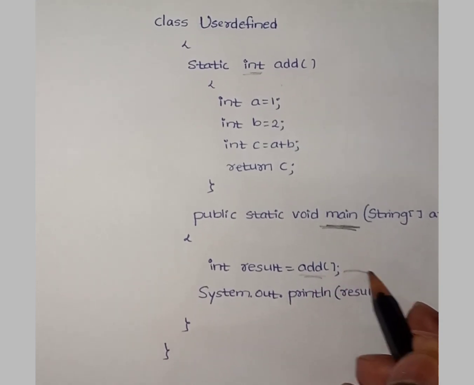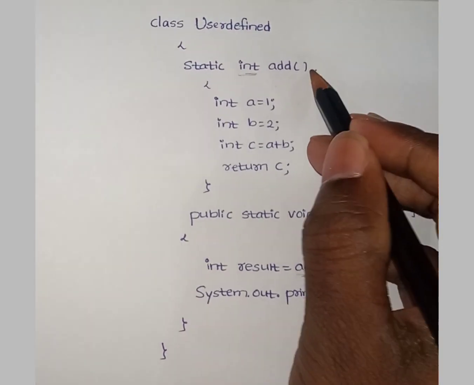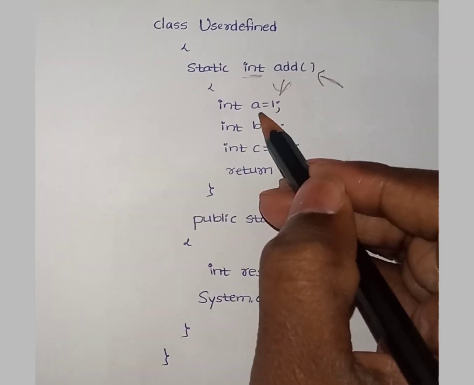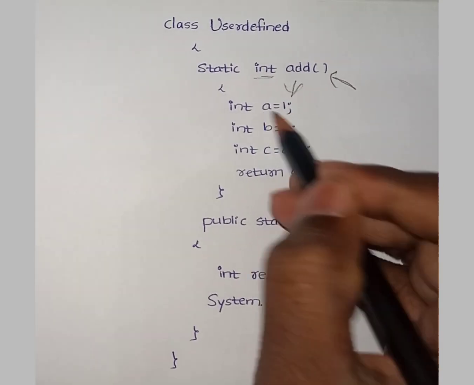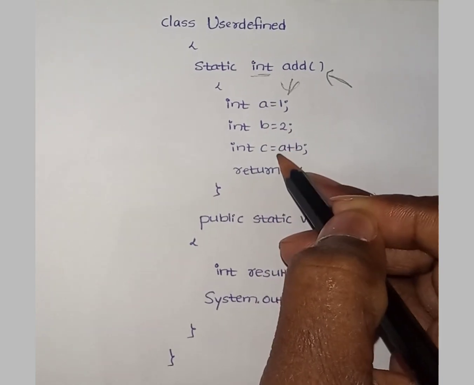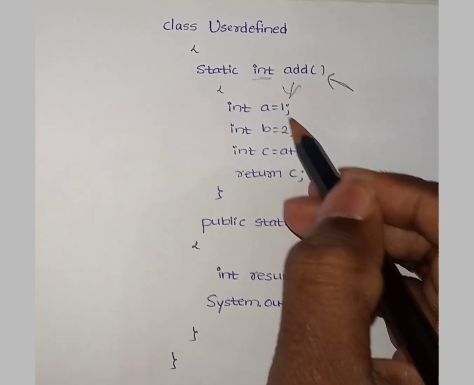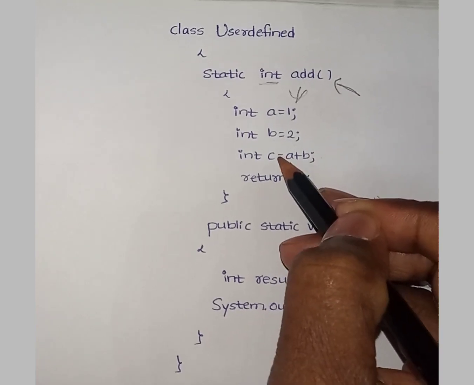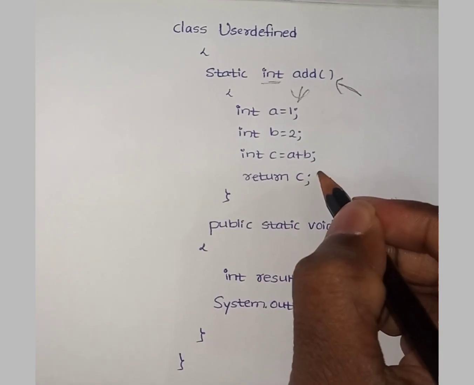Once the add method is called, the cursor moves to the add method and executes this block. 1 is assigned to a, 2 is assigned to b, and then it performs the sum, a plus b, which is 1 plus 2 equals 3, and 3 gets stored in c. So it returns c, that is 3.